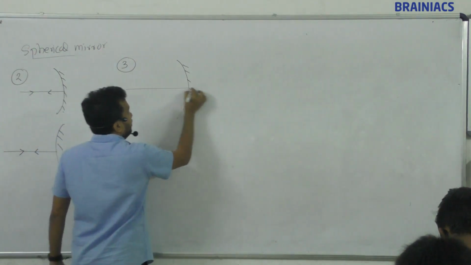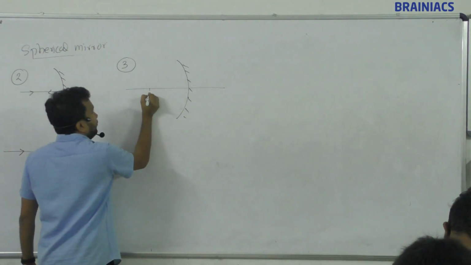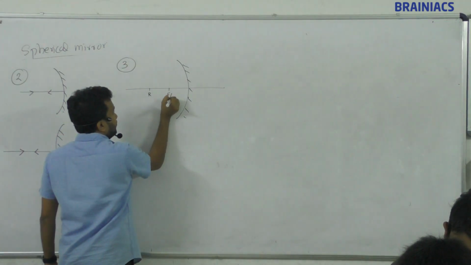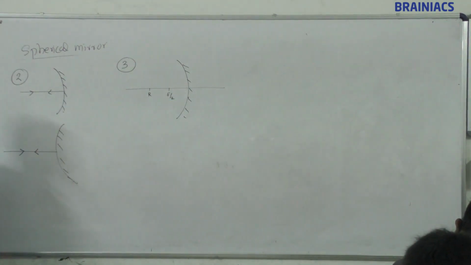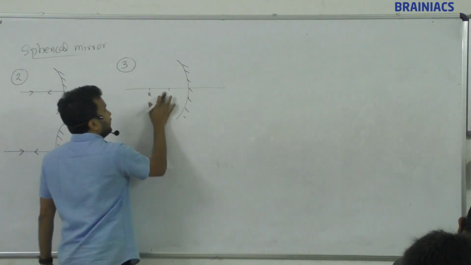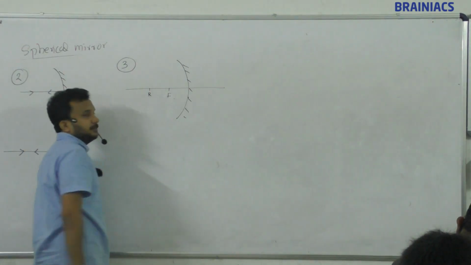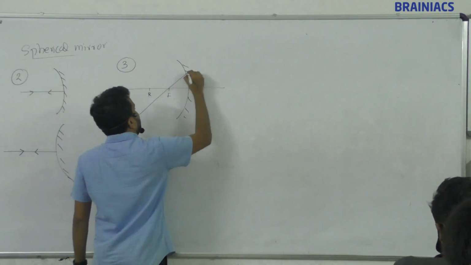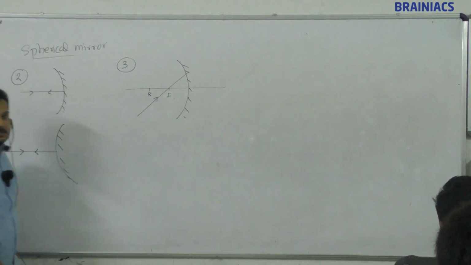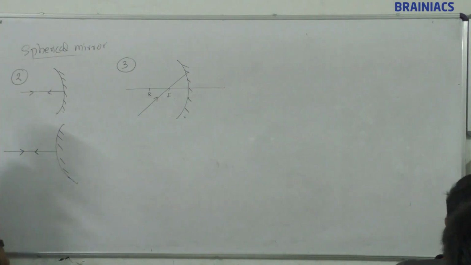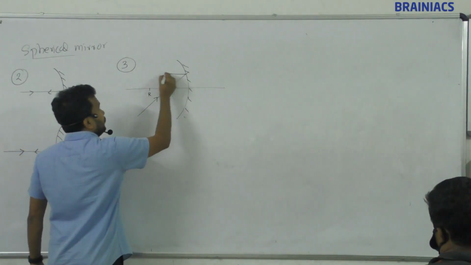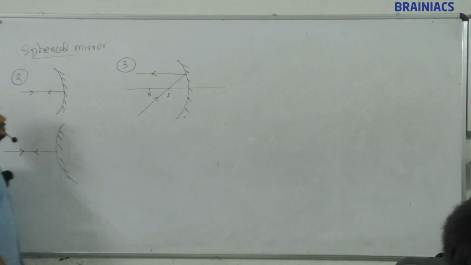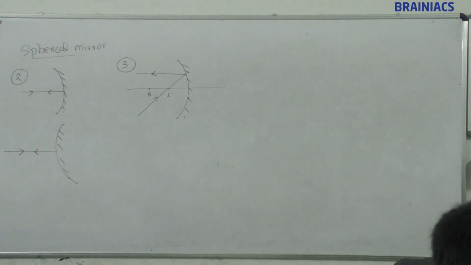For a concave mirror, the focus is at half the radius of curvature, R by 2. So if an incident ray passes through the focus, after reflection where is it passing? Parallel to the principal axis, like this.